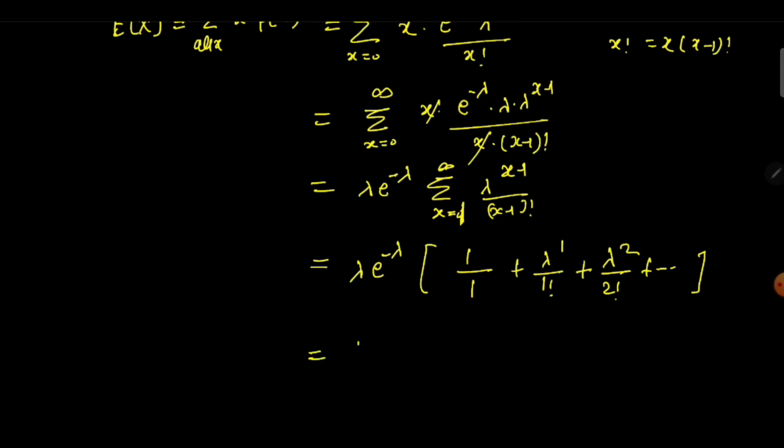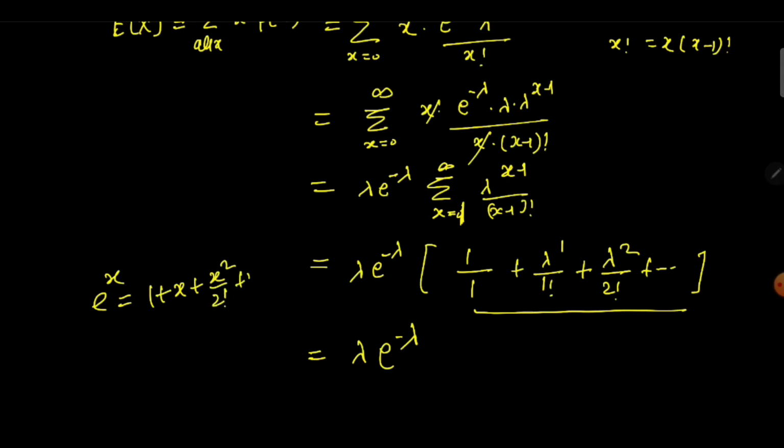So now we have lambda e to the power minus lambda, and we can see that the sum is in the form of e to the power x, because we know that e to the power x equals 1 plus x plus x square divided by 2 factorial plus x cube divided by 3 factorial, and so on till infinity. So we can write it as e to the power lambda. Now e to the power lambda and e to the power minus lambda get cancelled, so we get lambda.